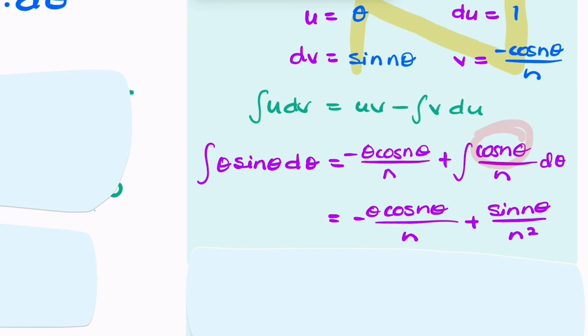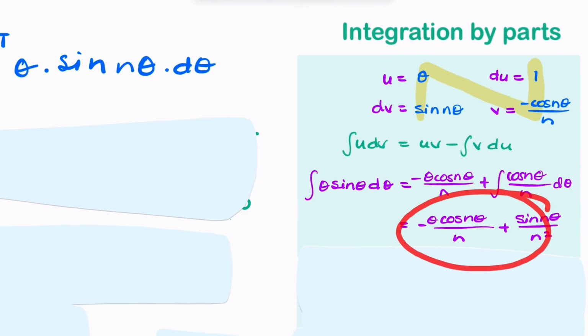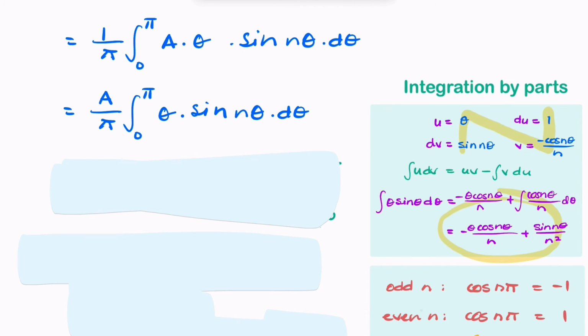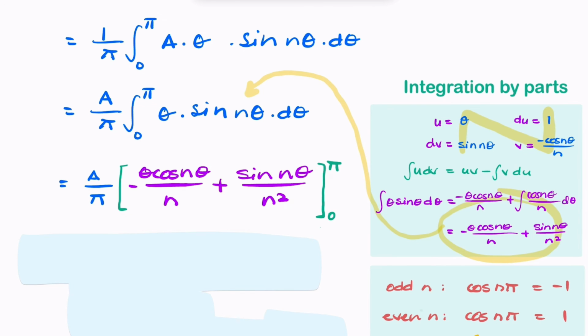Integrating cosine just gives you sine, and then we divide by the coefficient of theta, so n squared, because we already have an n. Now we found this integral, we can use that here and just replace that there.